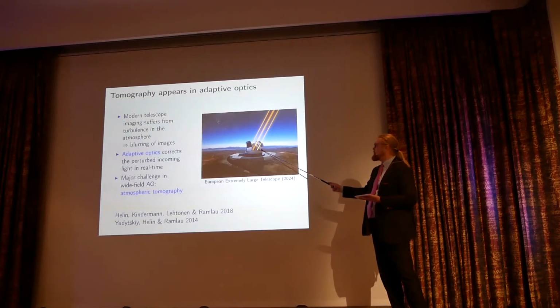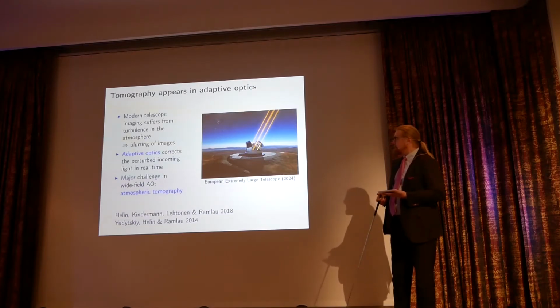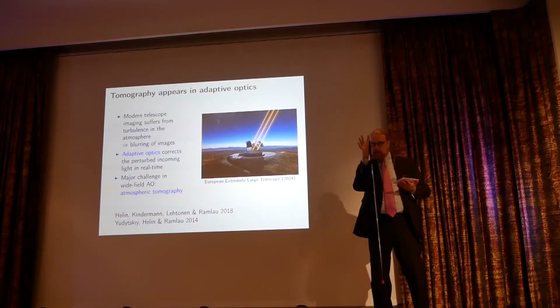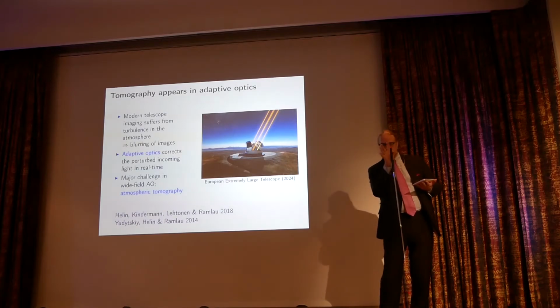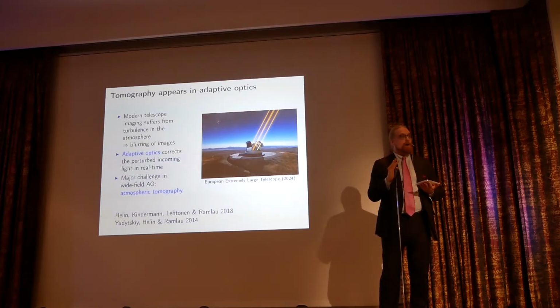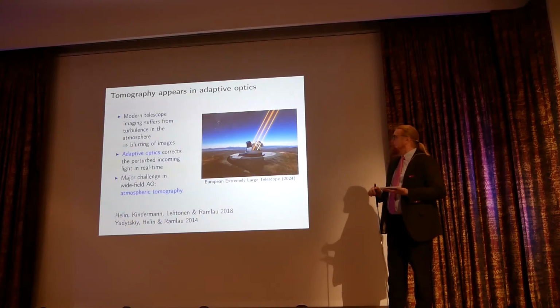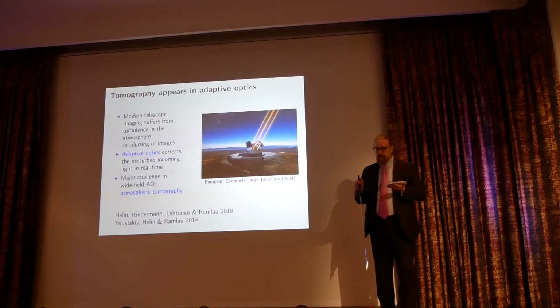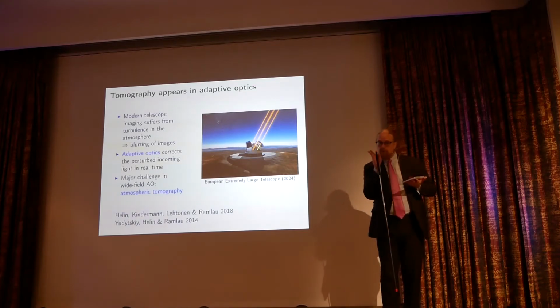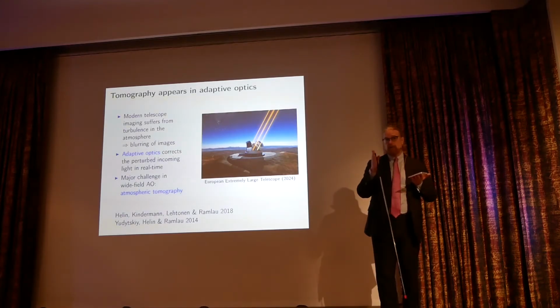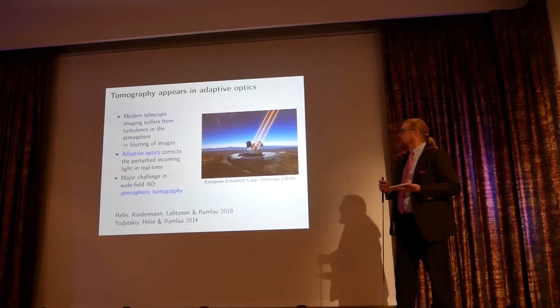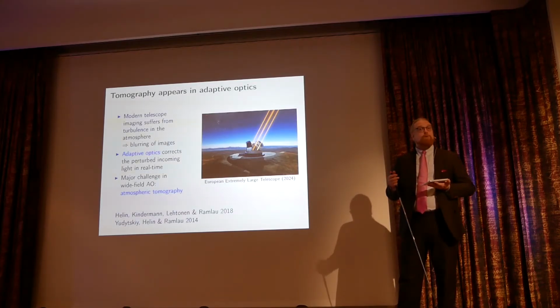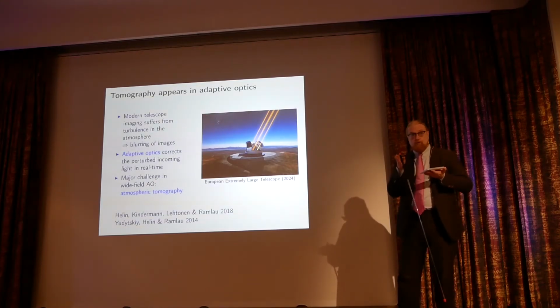So for example, like this one in Chile, because the atmosphere is always a little bit turbulent, the images are a bit blurred and changing in time. So to sharpen them, they actually have a mirror that can be deformed by thousands of little actuators that change the shape of the mirror. And the changing of the mirror has to be done like 1,000 times a second to follow the movements of the atmosphere.